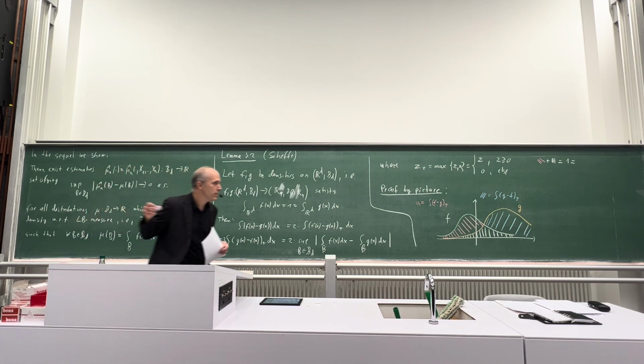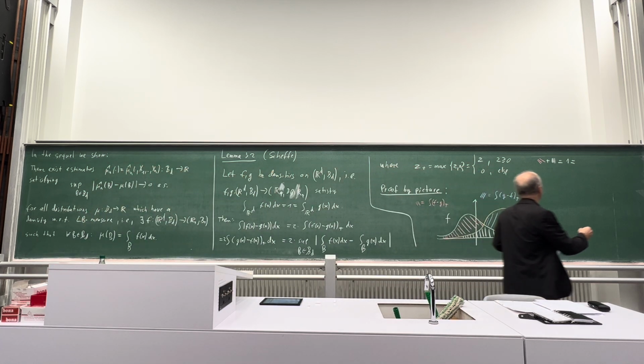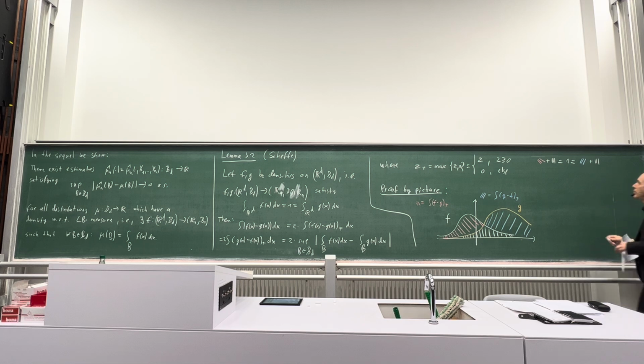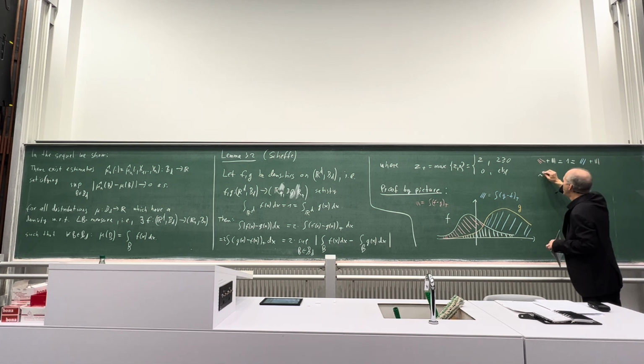That's the same as this one plus the right area. And then you see the red area is equal to the right area. The red area is equal to the blue area.